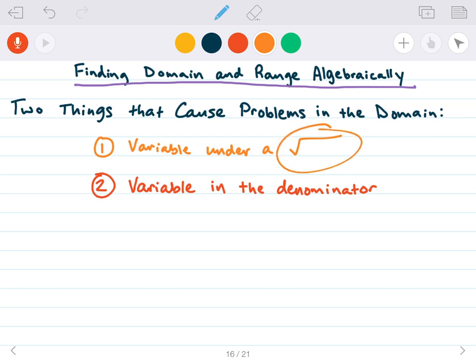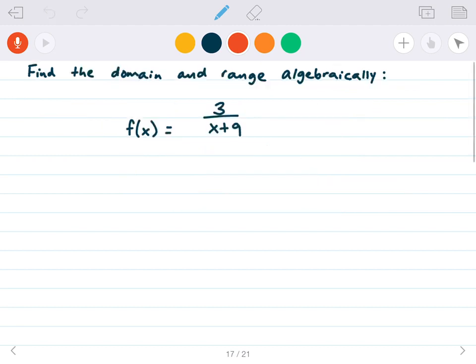So if there's a variable under a radical, we need to watch out. And the second thing is that we can't have 0 in the denominator. So if we have a variable in the denominator, we need to watch out. These are the only two things we need to watch out for. If we don't have a radical and we don't have a denominator, the domain is going to be all real numbers.